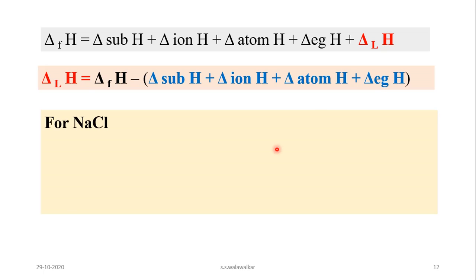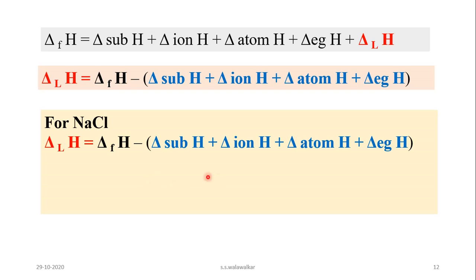See here, for example, for sodium chloride, if you want to calculate the crystal lattice enthalpy of sodium chloride, then the enthalpy of formation of sodium chloride is how much? Minus 411 kilojoules, minus the addition of this: enthalpy of sublimation of sodium is 109 kilojoules, whereas enthalpy of ionization is 121.